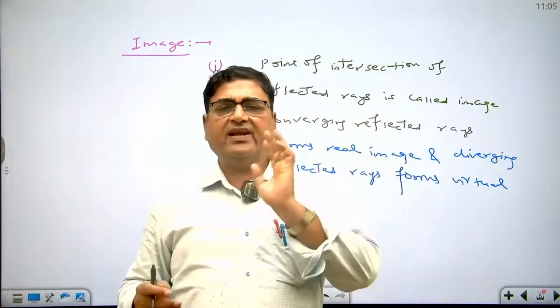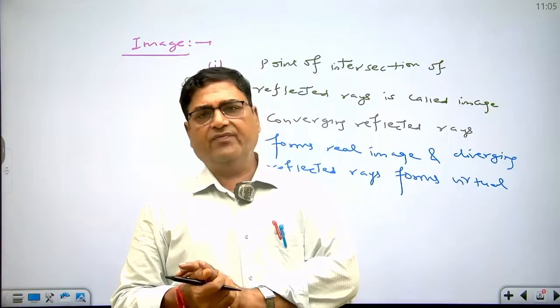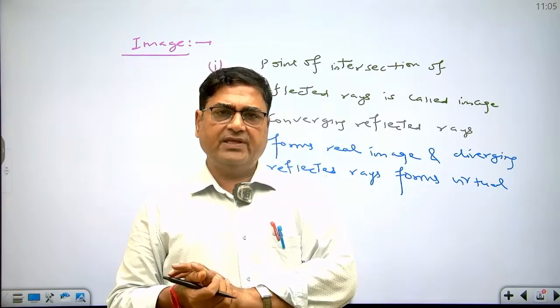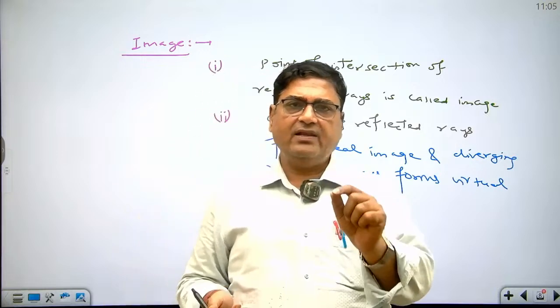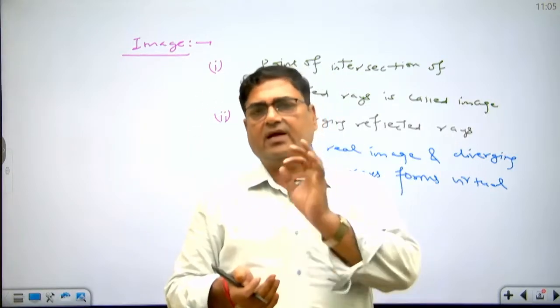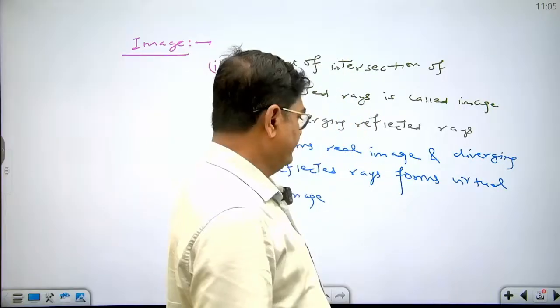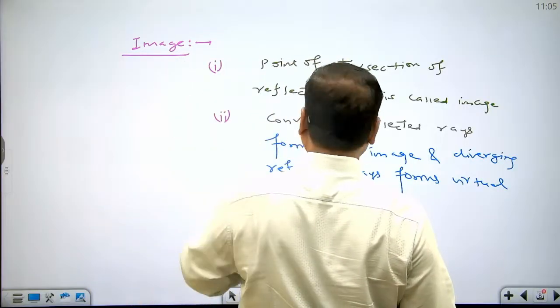Minimum two reflected rays are required to define an image. Both real and virtual images can be seen, can also be photographed, but virtual image cannot be obtained on the screen. So this is what about the image.